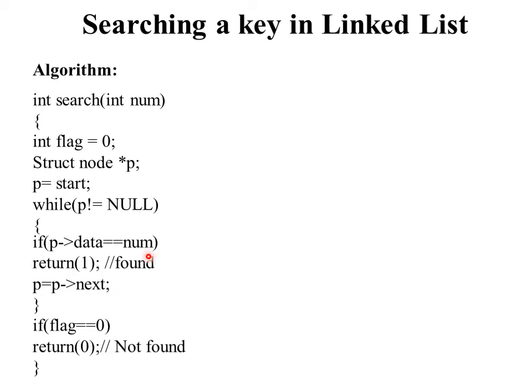If num is equal to our data, then the element is found. Otherwise, P is moved to the next node. If the element is not found till the end, then we go to this if statement. If flag is equal to 0, then return 0, means the element is not found.